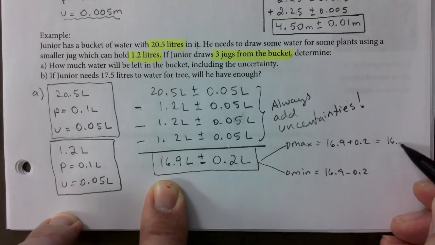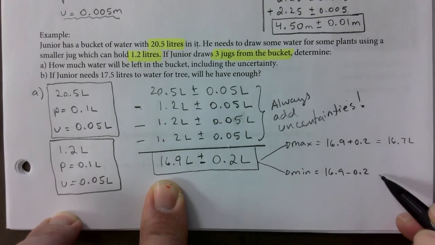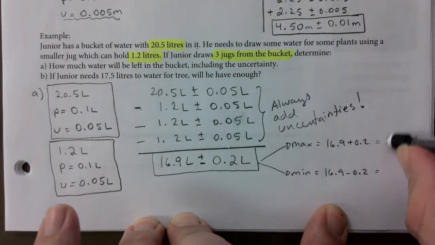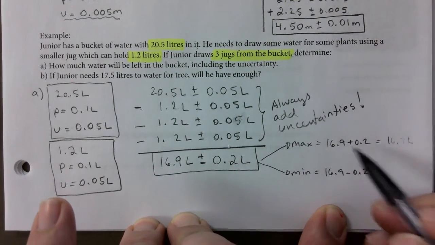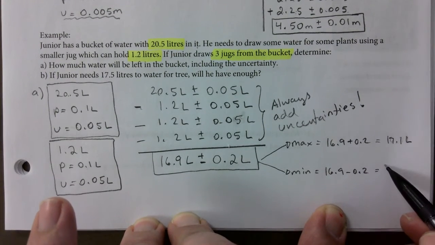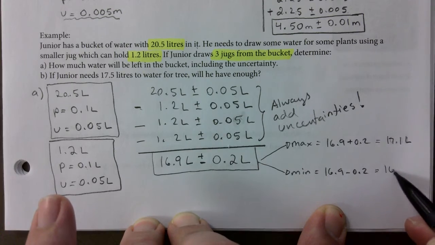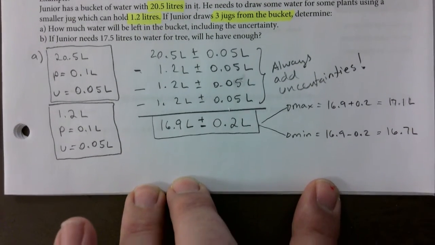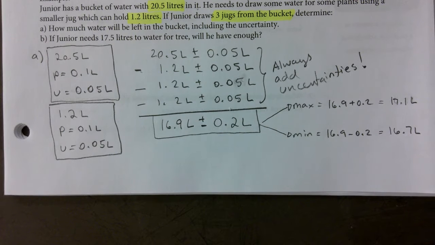This is 16.7 liters. No, sorry, I reversed it. Adding, right? So 17.1 liters. And this is 16.7 liters. You could have as much as 17.1 liters left or 16.7 liters left.